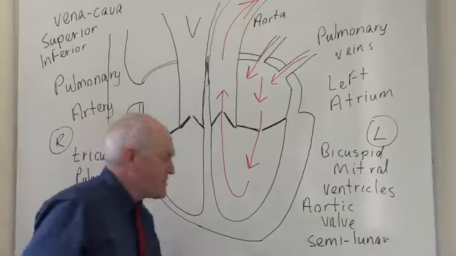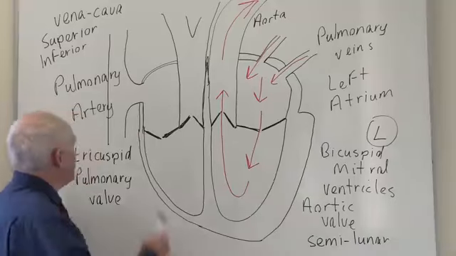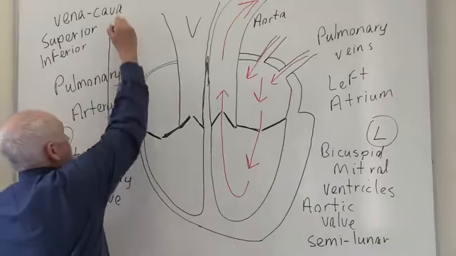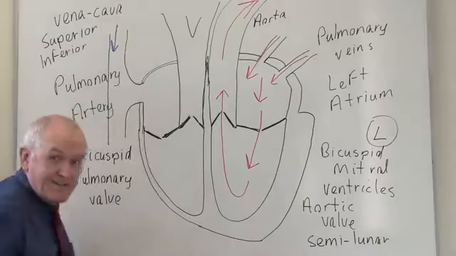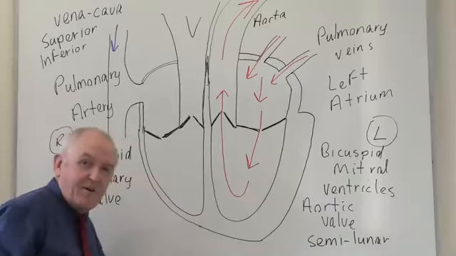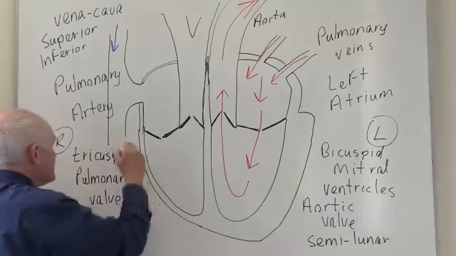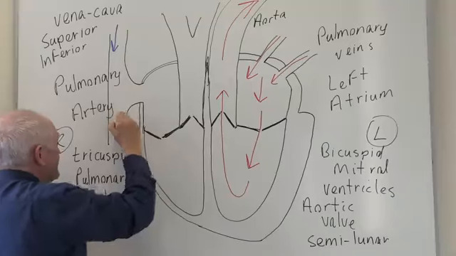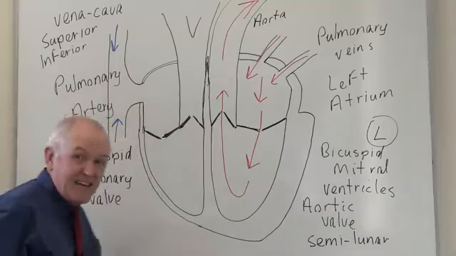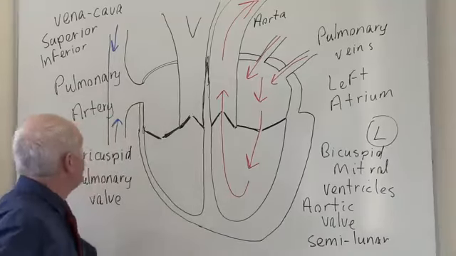So when it arrives back from the systemic venous circulation, from the top half of the body, it's going to arrive back via the superior vena cava. And from the bottom half of the body, it's going to arrive back via the inferior vena cava.